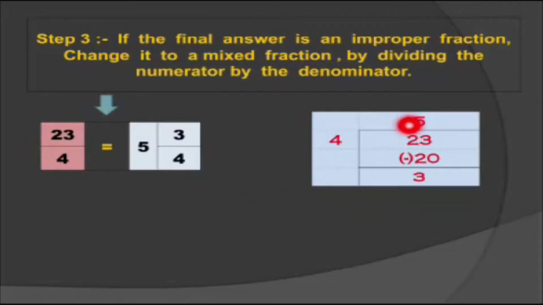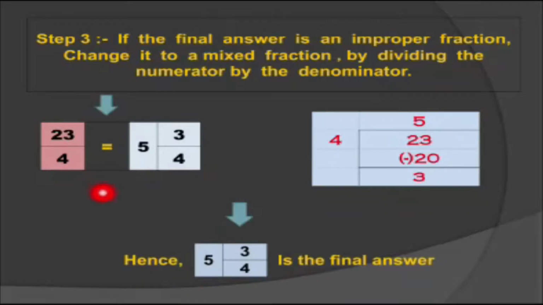So 4 5s are 20, and 23 minus 20 is 3. So we write the remainder as the numerator, the divisor as the denominator, and the quotient as the whole part, right? So the answer is 5 and 3 by 4.